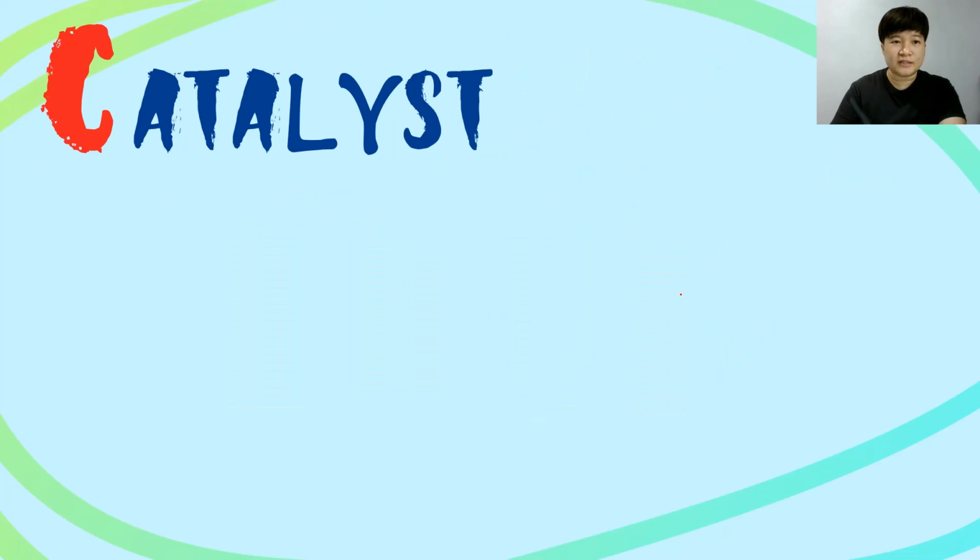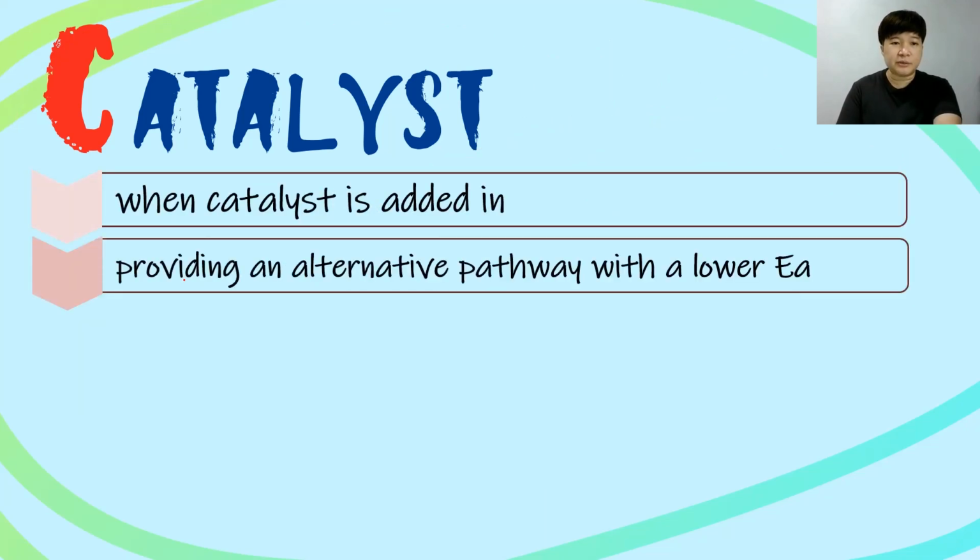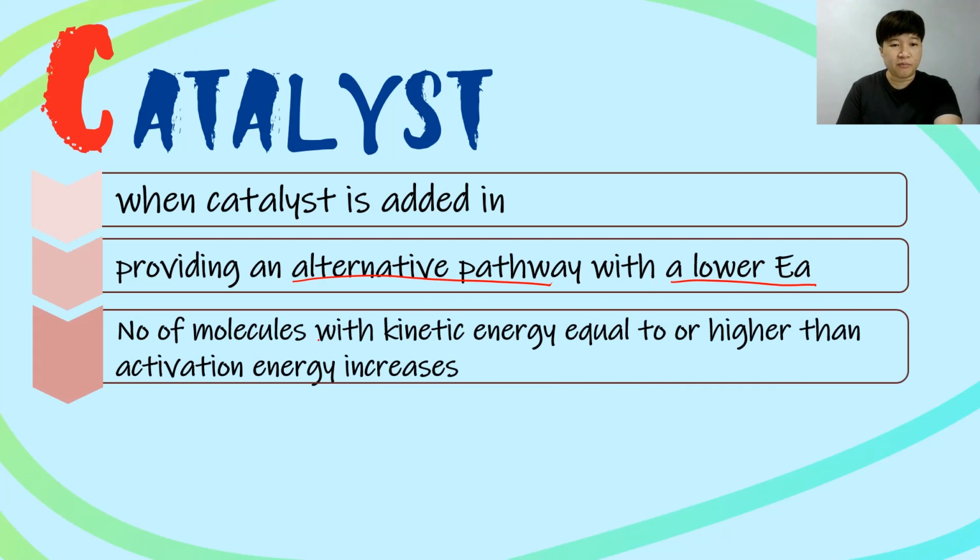So let's look at the explanation. When catalyst is added, it will provide an alternative pathway with a lower activation energy. Therefore, the number of molecules with kinetic energy equal to or higher than activation energy increases. It's easier to achieve 40 kilojoules than to achieve 100 kilojoules.